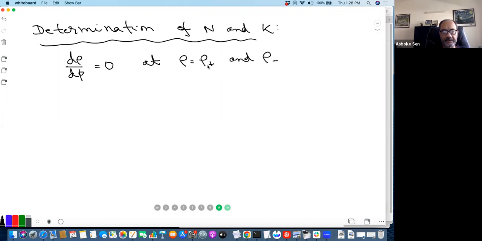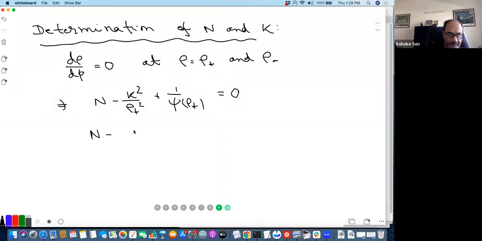Because this is where rho reaches its maximum value, and this is where rho reaches its minimum value. So this basically tells us that n minus k square over rho plus square plus 1 over psi rho plus is 0, and n minus k square over rho minus square plus 1 over psi rho minus is 0.